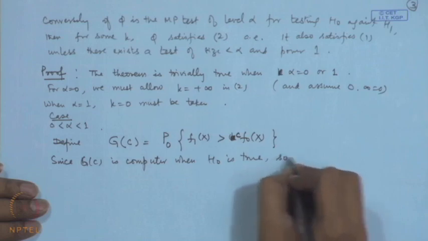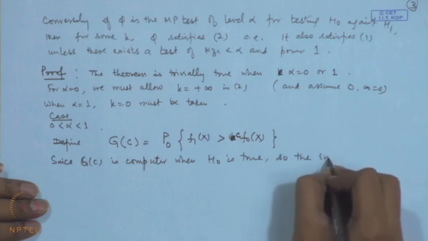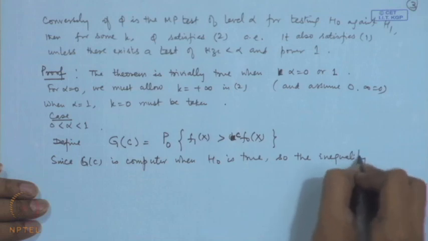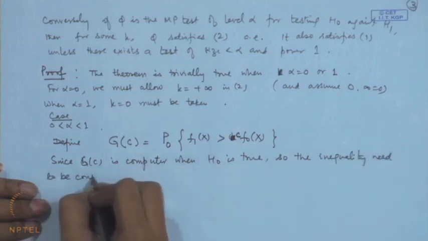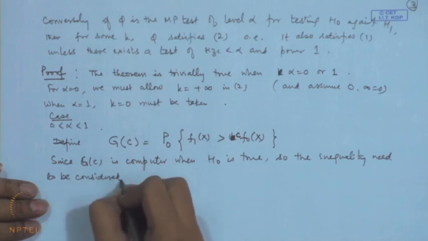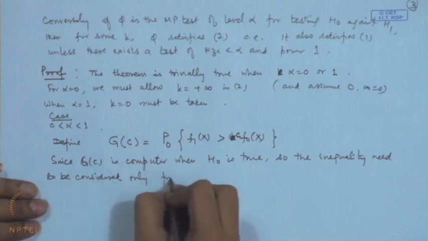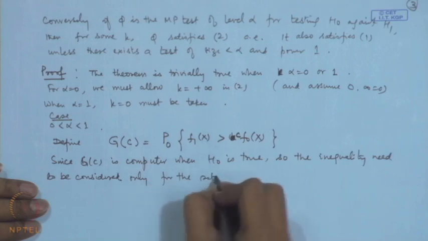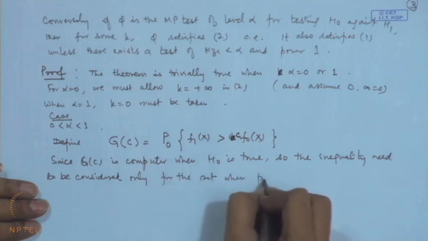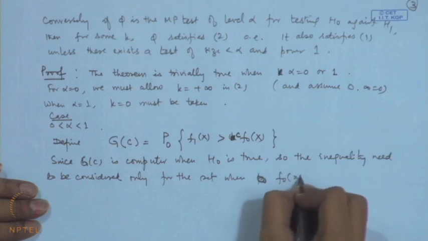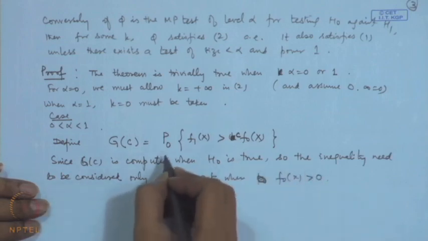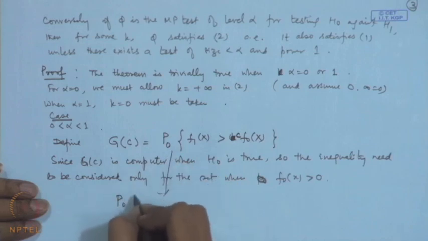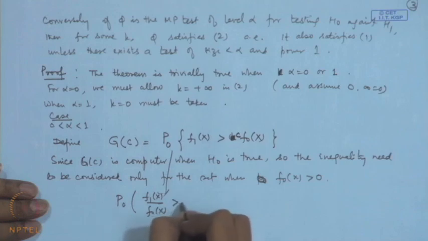So, the inequality need to be considered only for the set when f naught is positive. In that case, this is actually becoming the probability that f 1 x by f naught x is greater than c.